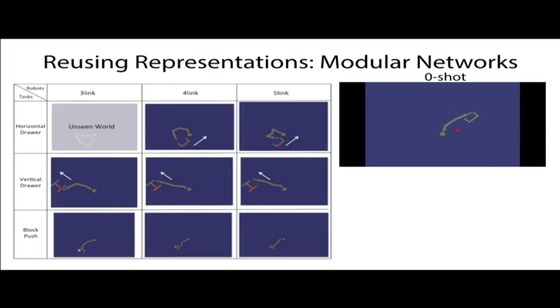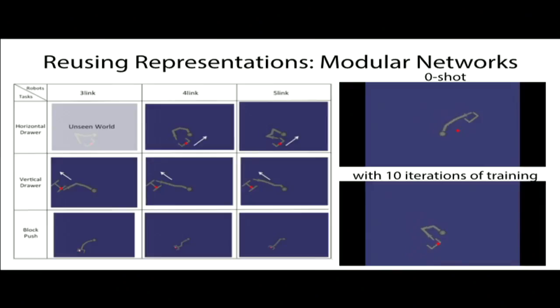It was generally close to performing the task, but wasn't able to do it in 0 shots. But with some training on that target task, with 10 iterations of training, they were able to effectively perform the task. They use guided policy search here for the policy optimization algorithm.